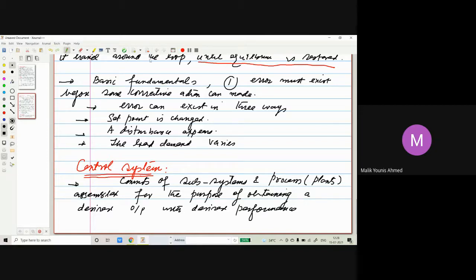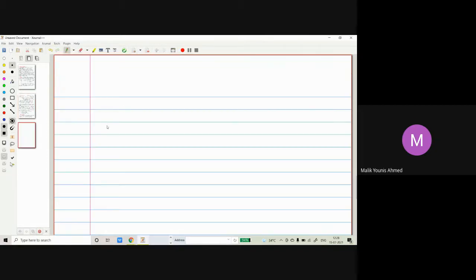For that, we have to provide a suitable input, given a specific input. So I have defined the control system in a more elaborate way.